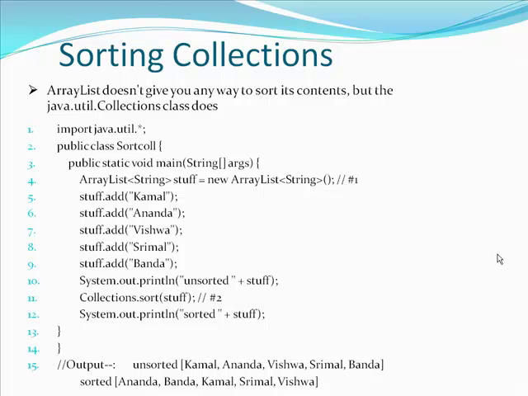After printing the output, in line number 11 we sort the array by calling the Collections.sort method, passing the stuff ArrayList as a parameter. In line number 12 we print the sorted output of the stuff ArrayList. So finally, in the first output we got Kamal, Ananda, Vishwa, Srimal, Banda, and then we got the sorted array like Ananda, Banda, Kamal, Srimal and Vishwa.